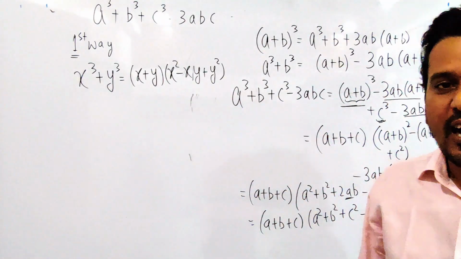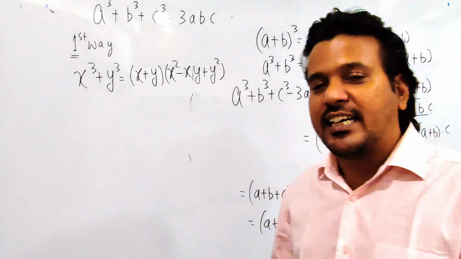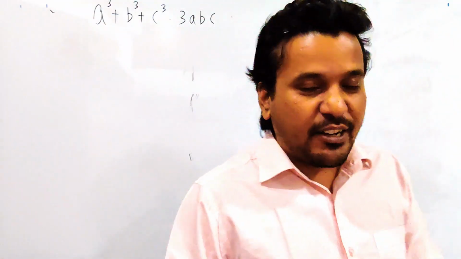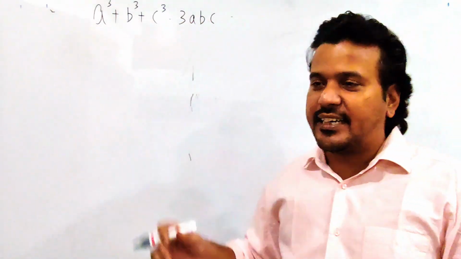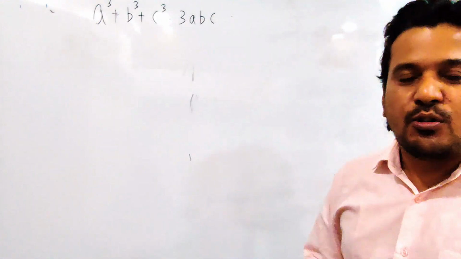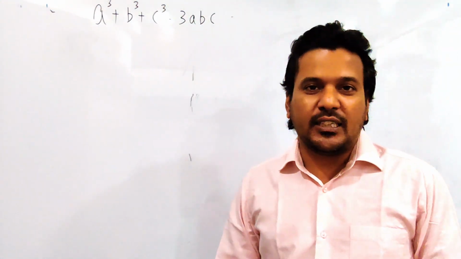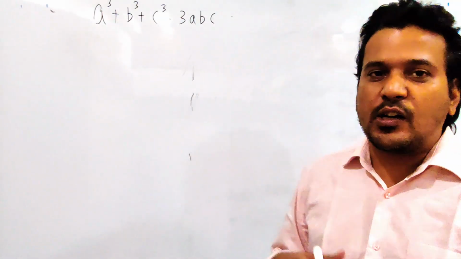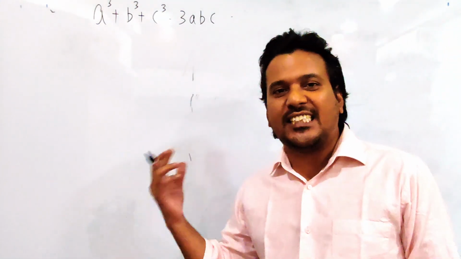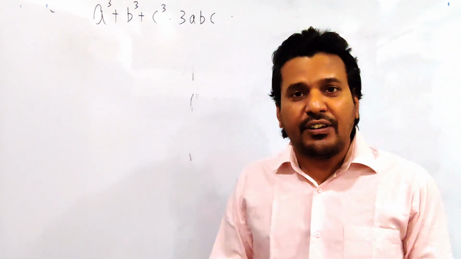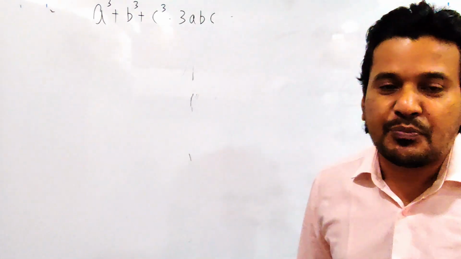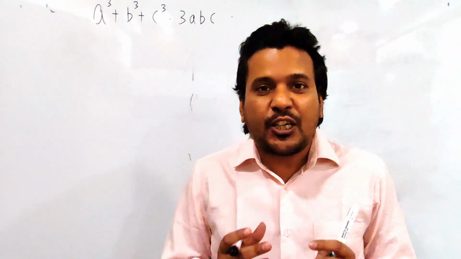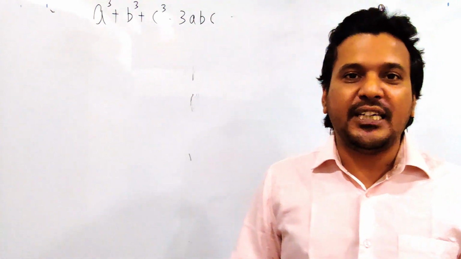Now let's see how this can be factorized in the second method. We can see there is a cube written over here, a cube, b cube, c cube. So I am going to factorize this using an equation, and for that we will need a cubic equation. I am first going to write a cubic equation whose roots are a, b and c.